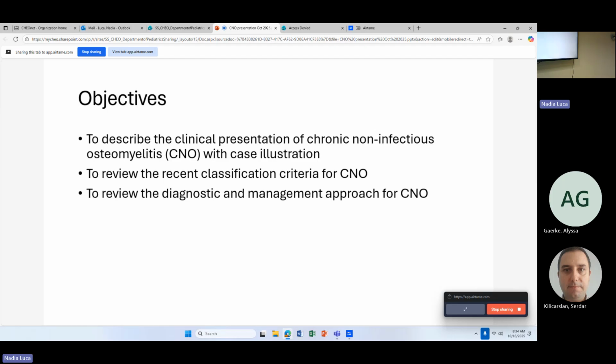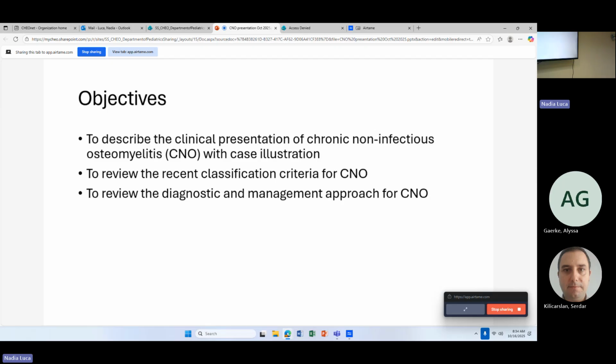This is a pretty basic overview of the condition. I really tried to think about what's most useful from a general pediatrics perspective, and how to identify this condition, because it can be fairly tricky. So our objectives today are to describe the clinical presentation of this condition.